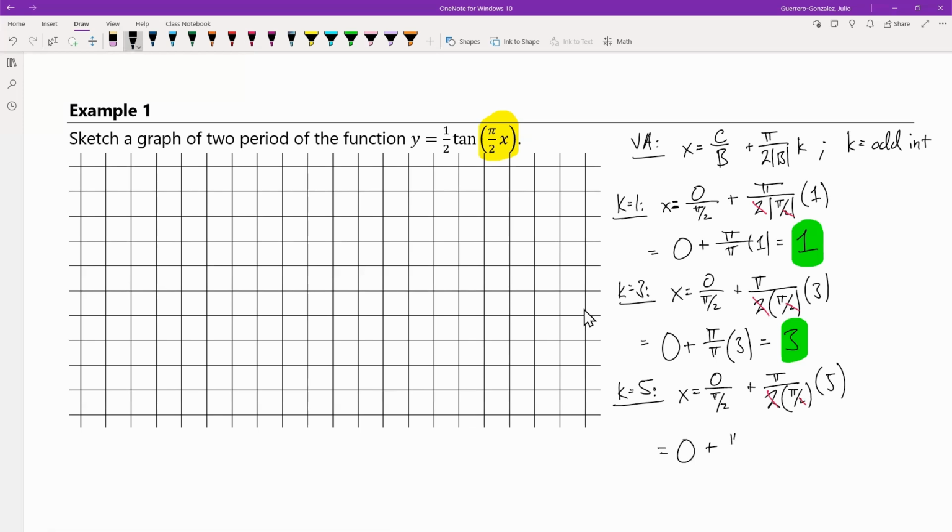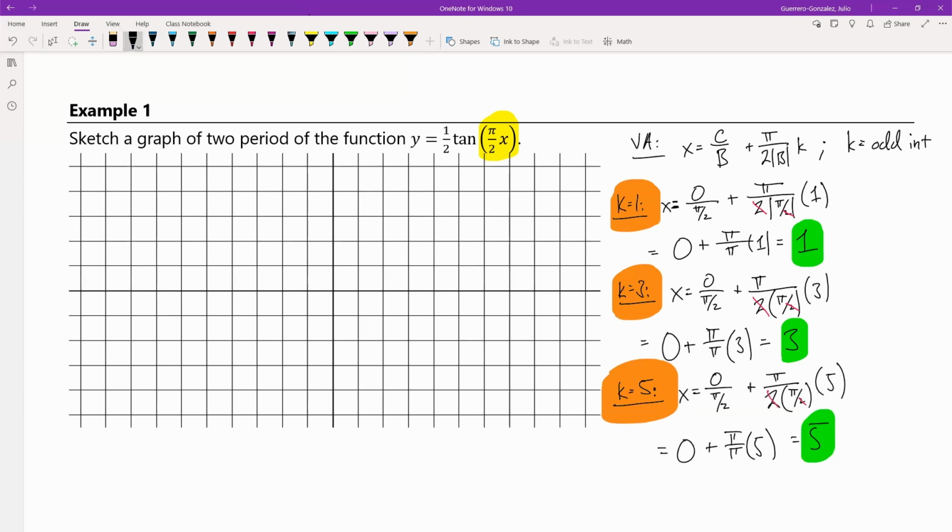You get left with pi over pi times 5. You guys see what I'm talking about? I did k equal 1 first, then k equal 3. After the second one I should be able to see a pattern. When I did k equal 5, we kind of knew what it was going to be.